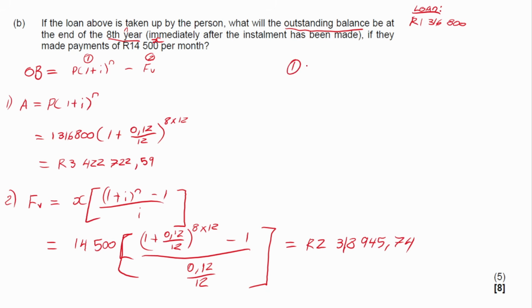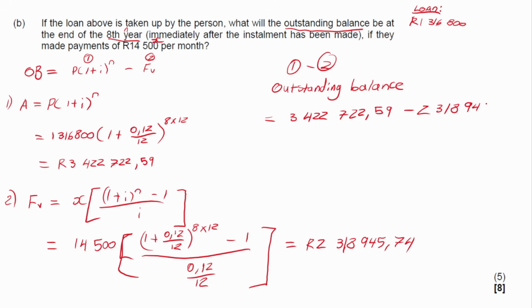All right, so we have part 1 and part 2, but now we need to apply this, and we need to be saying 1 minus 2. So remember, this is the value for 1, and this is the value for 2. So the outstanding balance is equal to, we take 3,422,722.59 minus 2,318,945.74.